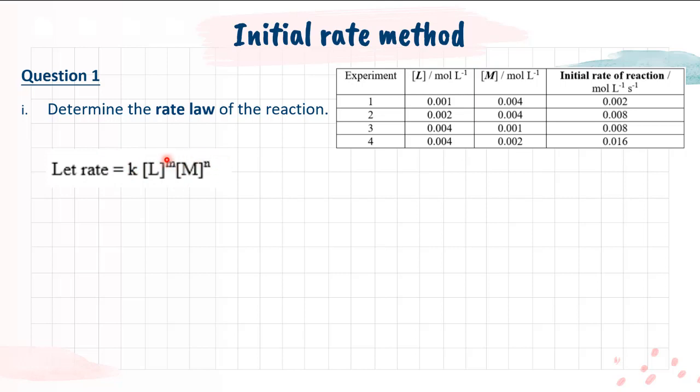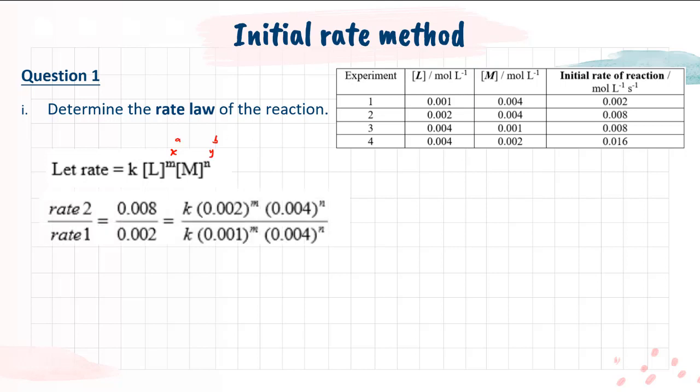Remember that for this m and n, the powers or the orders, you can use different letters. For example, if I don't want to use m or n, I can use x and y, a and b, etc. First we choose experiments 1 and 2 to do comparison.